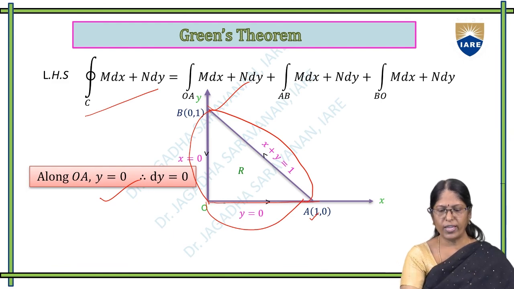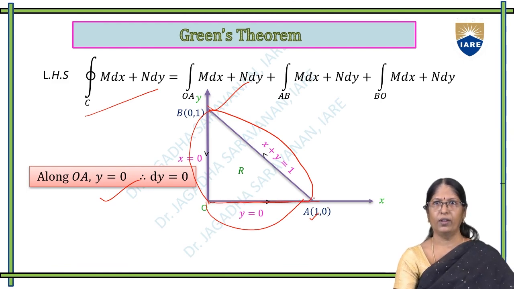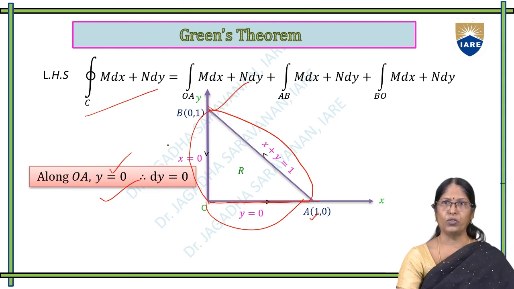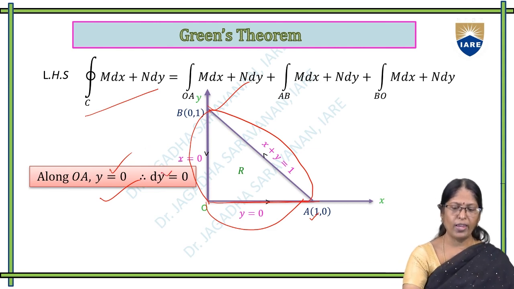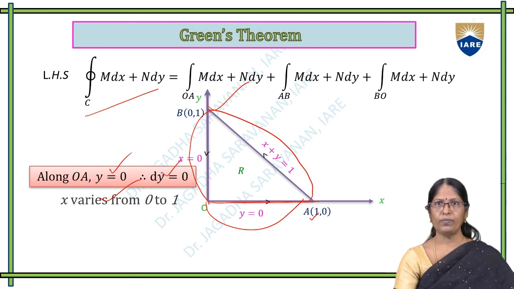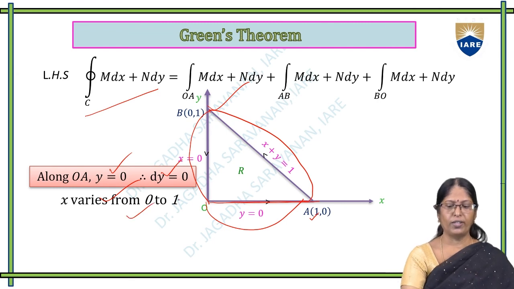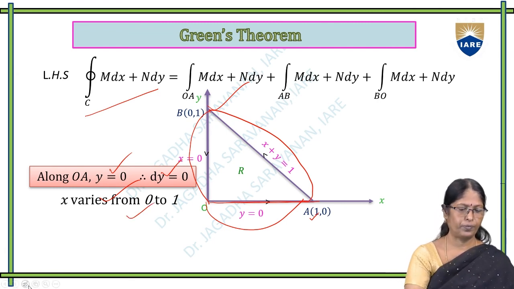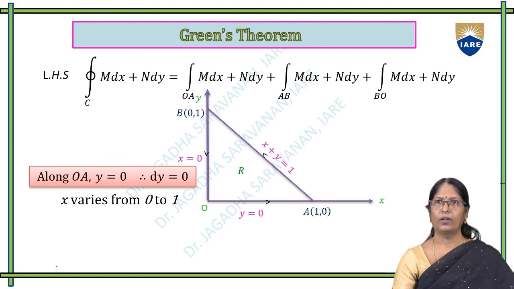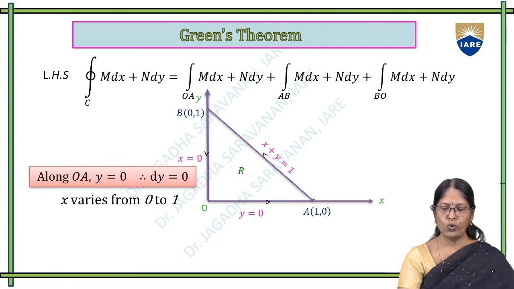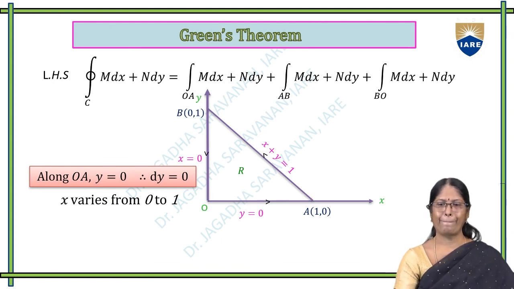When it moves in the X direction, y equals 0 and dy equals 0. So we wrote it here. So that is O to A.